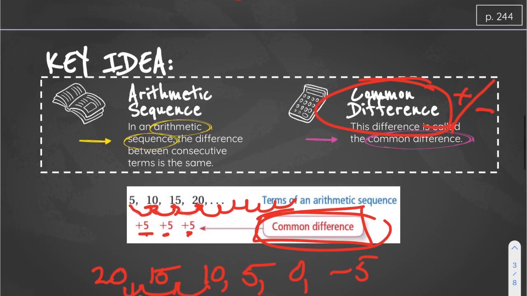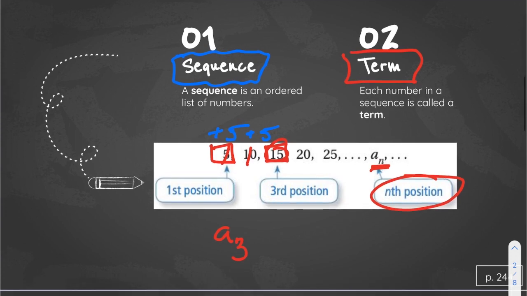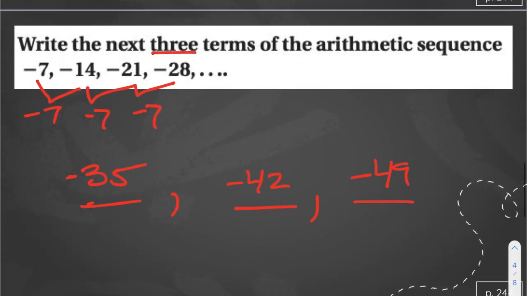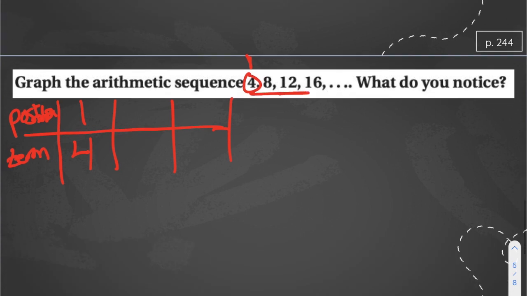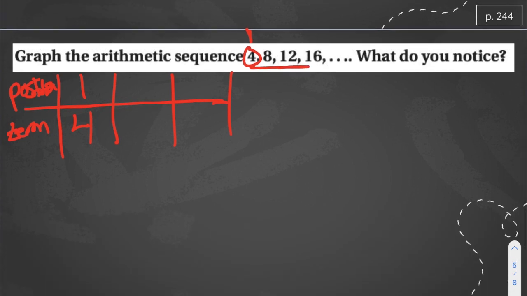Like we said, where's our definitions? Right here. The term, each number is called the term. So if we have our sequence right here, each number in it is a term. The number that's in the first position is 4, second is 8, third is 12, and in the fourth position is 16.